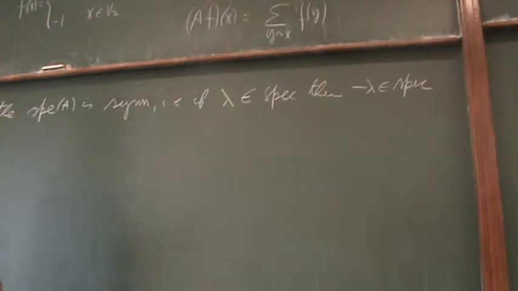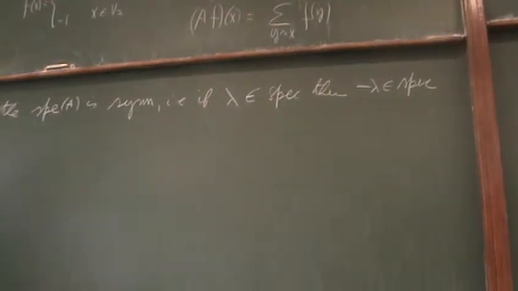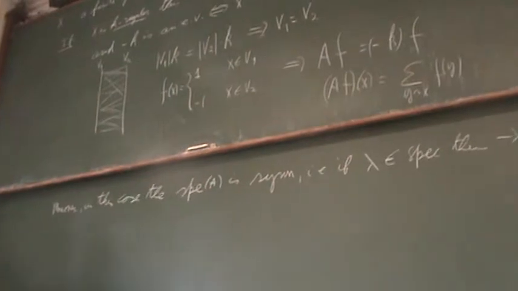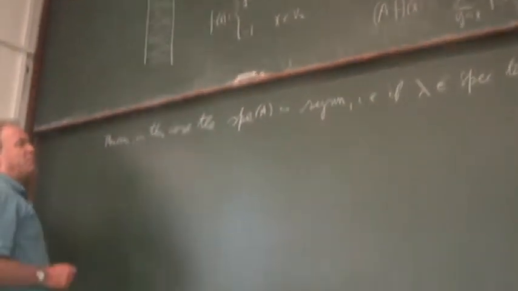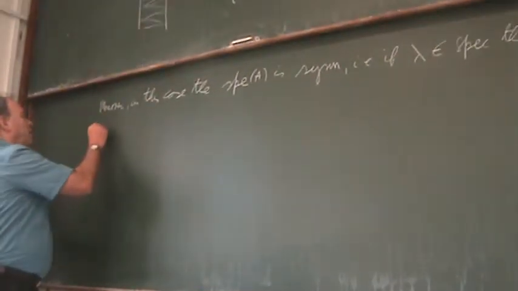I guess I said that this is a symmetric matrix, so all eigenvalues are real, so we're thinking about real eigenvalues. And I want to declare that in this case, if lambda is in the spectrum, then minus lambda is too.